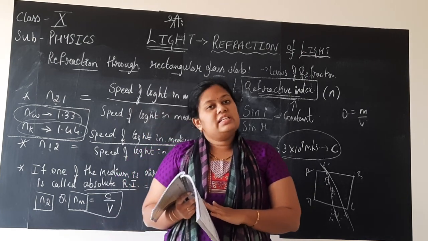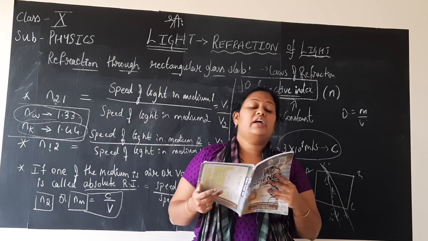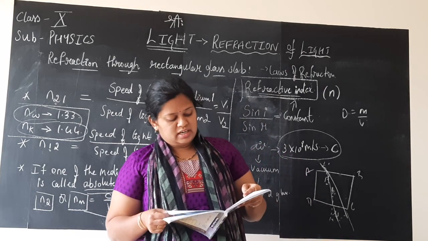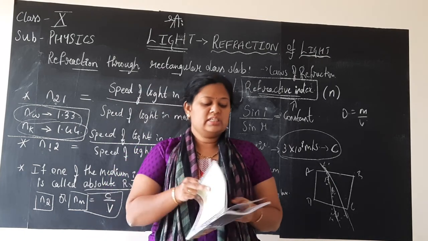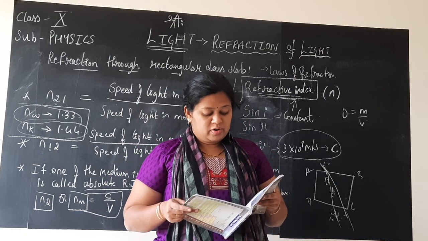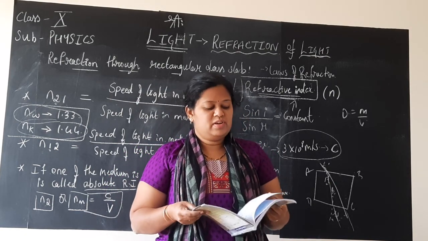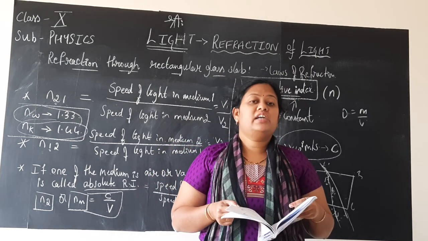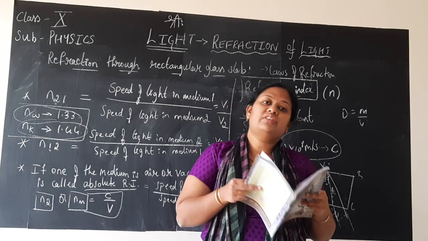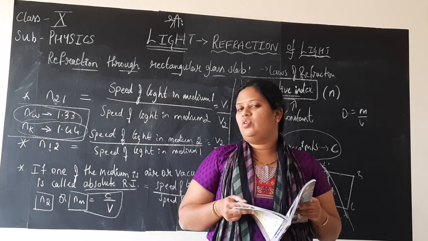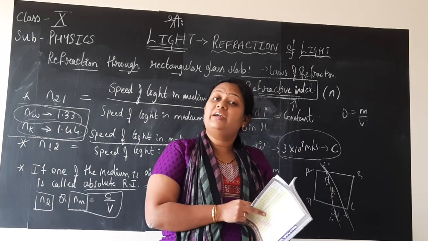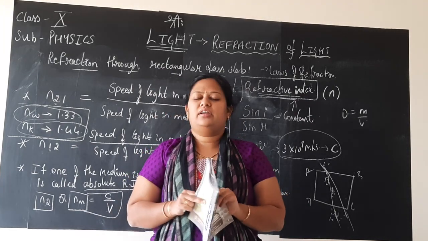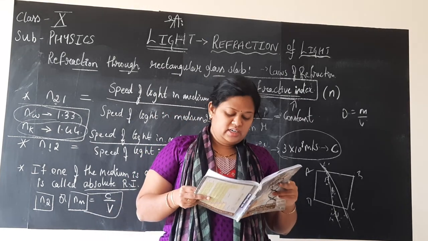In spherical lenses also there are concave and convex lenses. Mainly here also we shall study the convex lens, the concave lens, their types, and the ray diagrams, that is the image formation. And here also you have the sign convention with respect to lenses. It is the same, don't worry. If you have understood the spherical mirror part, you can easily understand the lens. There is no difference. It is very easy.